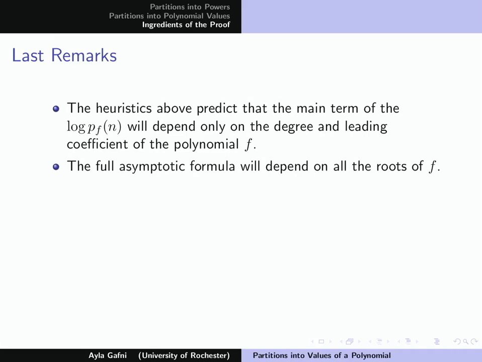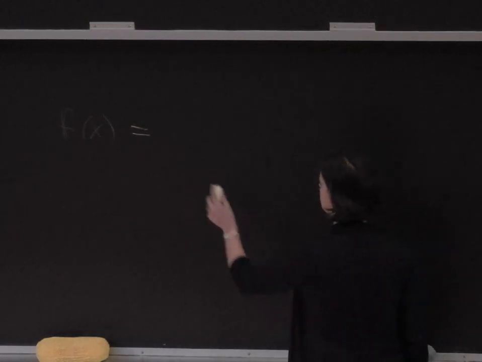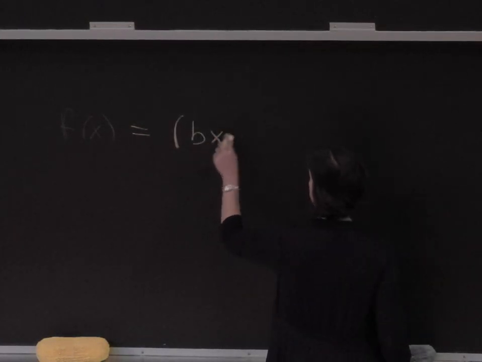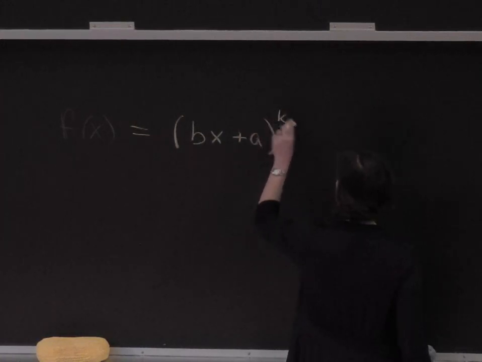And if you look at Barrett, Malik, and Zaharescu's result about partitions into powers of a residue class, then you do see that the root of the polynomial, which is a over b, shows up. Because they were looking at f of x equals bx plus a to the k.